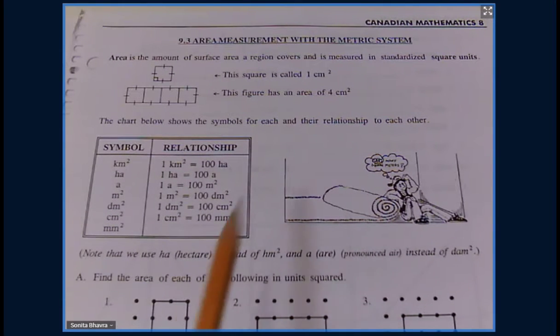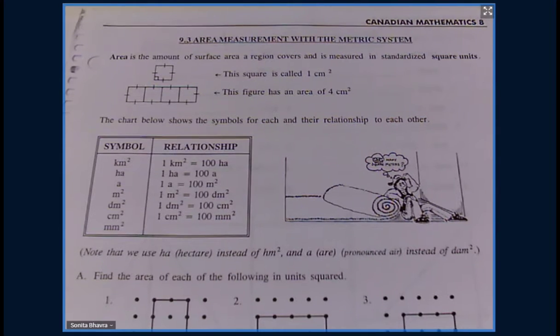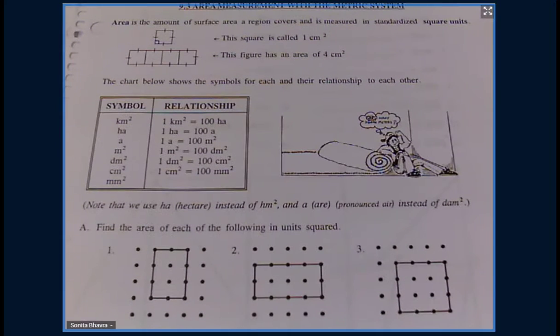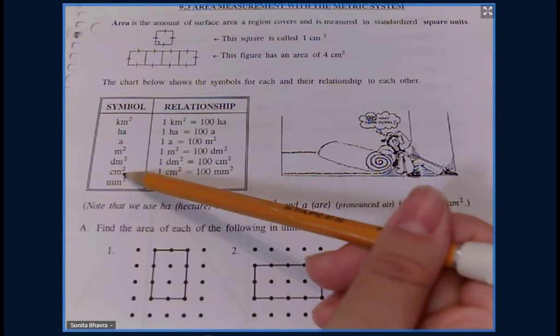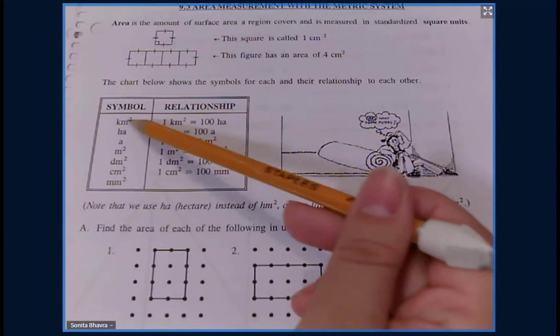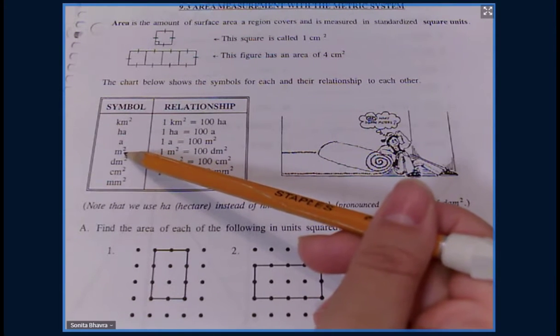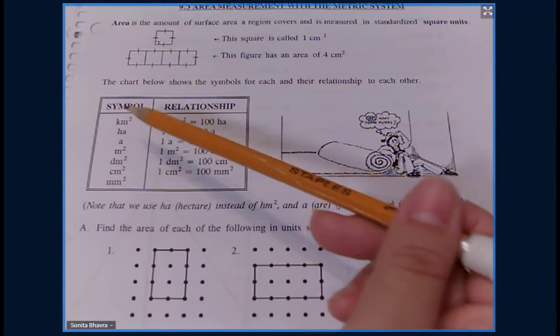There are some conversion factors given to us here, and what you'll notice is we have meters squared, decimeters squared, centimeters squared, millimeters squared units, and then going higher, we have the air, the hectare, and then the kilometers squared.